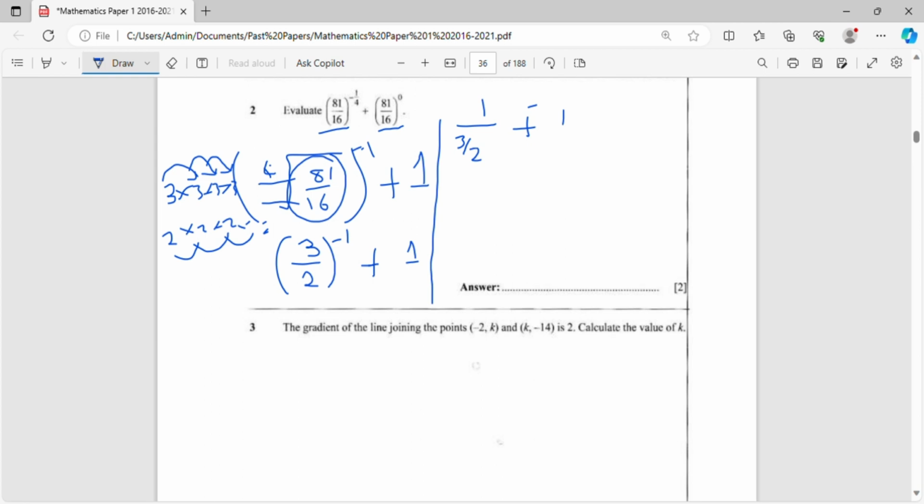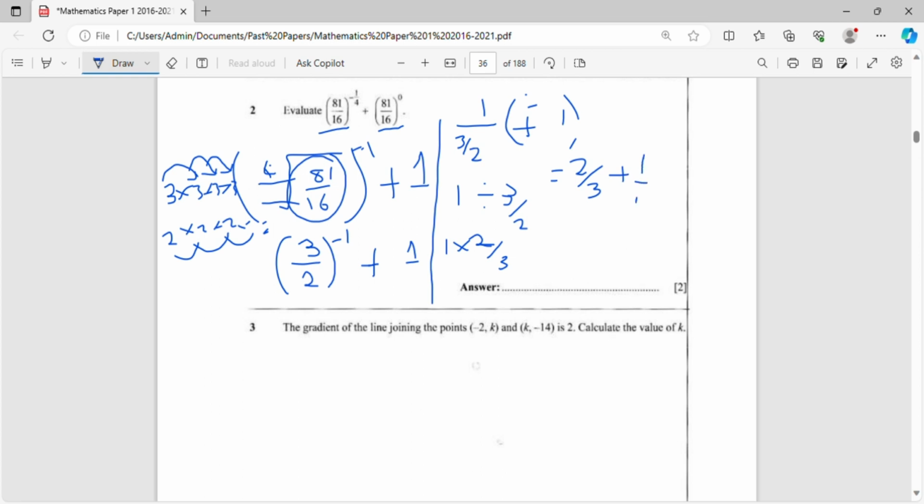We can put the plus 1 aside for now. So 1 over 3 over 2. How we're going to handle it is 1 divided by 3 over 2, which will become 1 multiplied by, you reciprocate, 2 over 3. So it will become 2 over 3 plus 1.